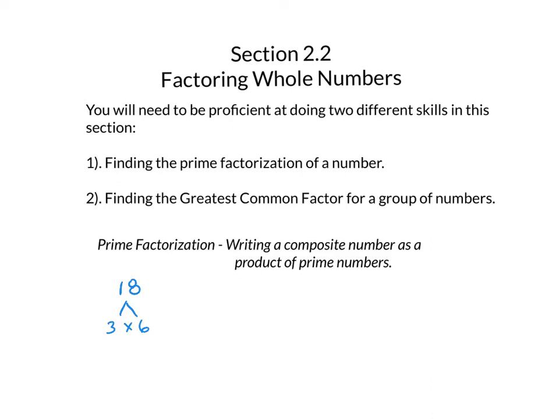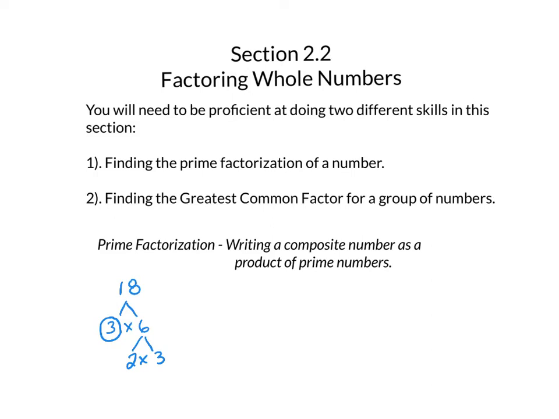So I know 3 times 6 are factors of 18. Are either one of those numbers prime? Yes, 3 is a prime number, and it's prime because there are only two factors for the number 3, 1 and 3, so I'm going to circle it. 6 is a composite number still, so I need to break that one down again. 6 could be written as 2 times 3.